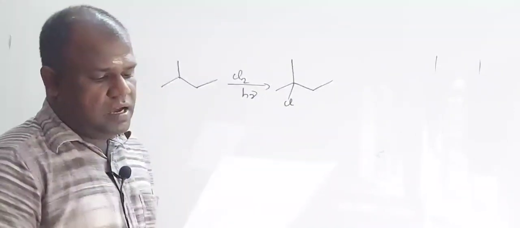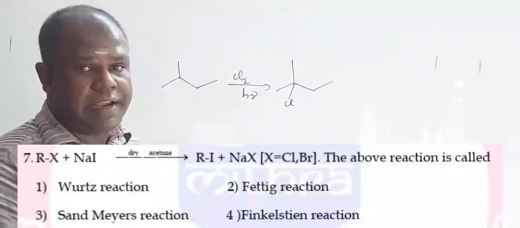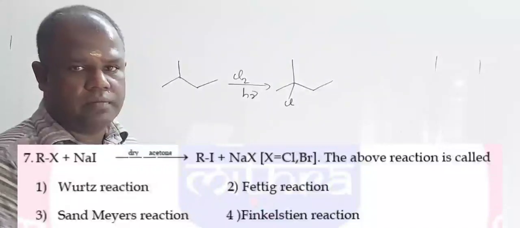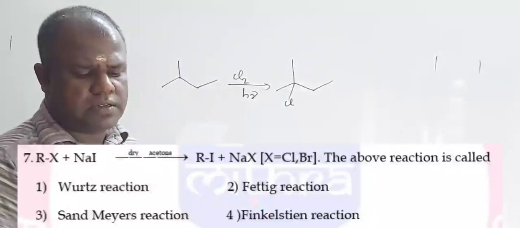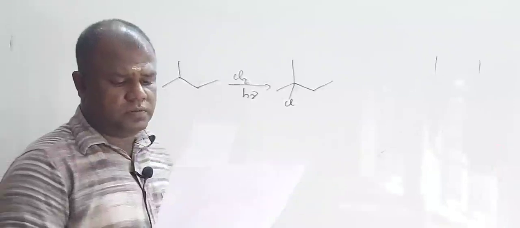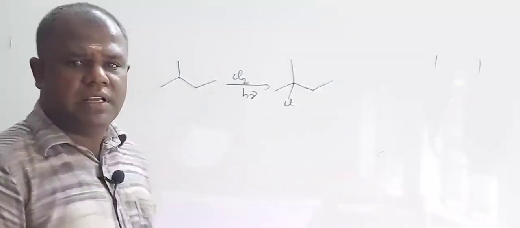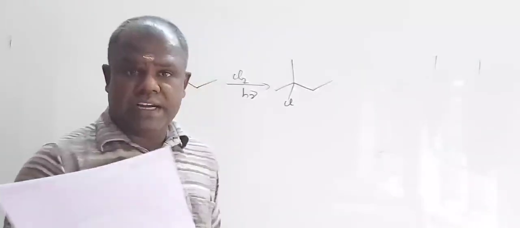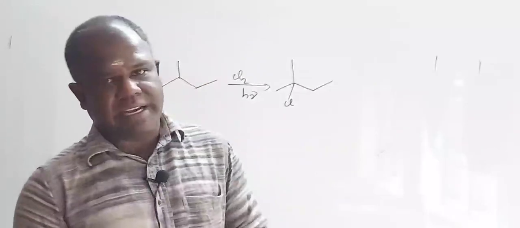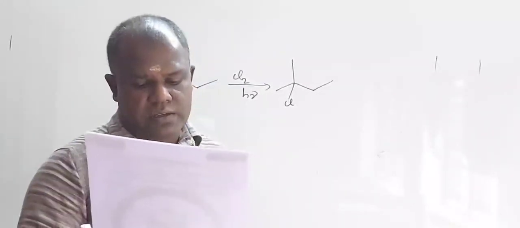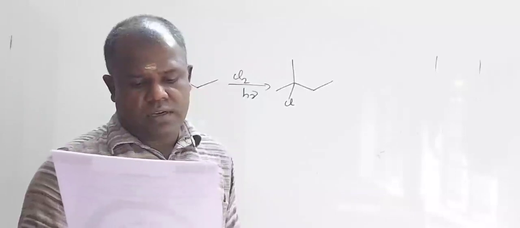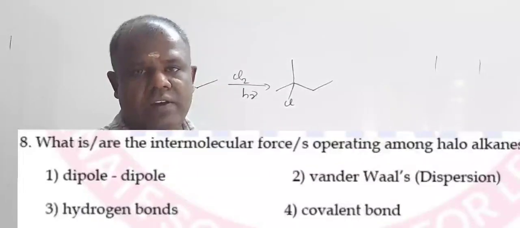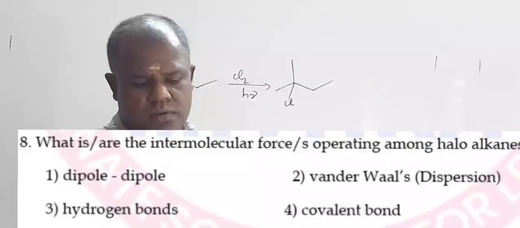Next, RX plus NaI gives RI and NaX in acetone medium. What is the name of the reaction? That is called the Finkelstein reaction. You know, RI can be prepared by halogen exchange reaction. Fluorides can be prepared by the Swarts reaction. Iodides can be prepared by the Finkelstein reaction. Direct question: what is the intermolecular force among haloalkanes? Dipole-dipole interaction.